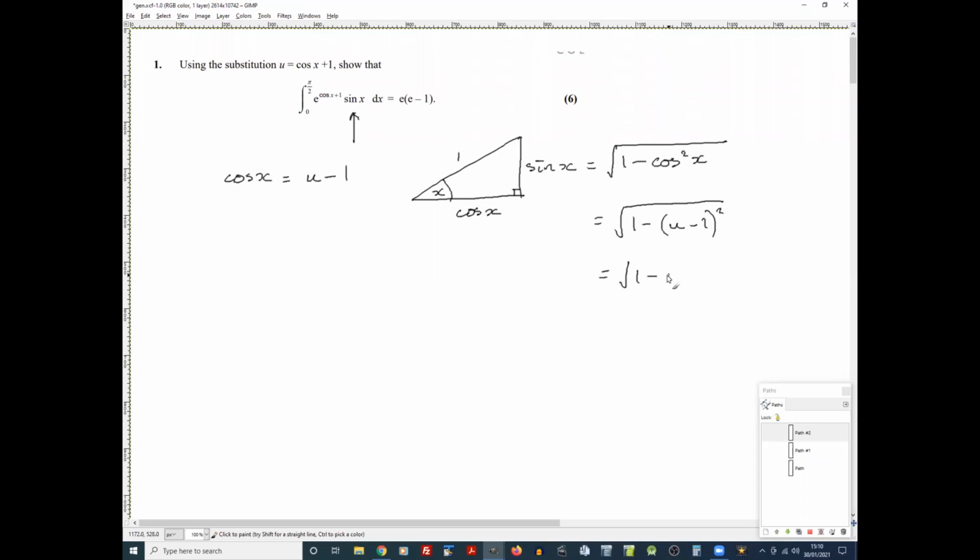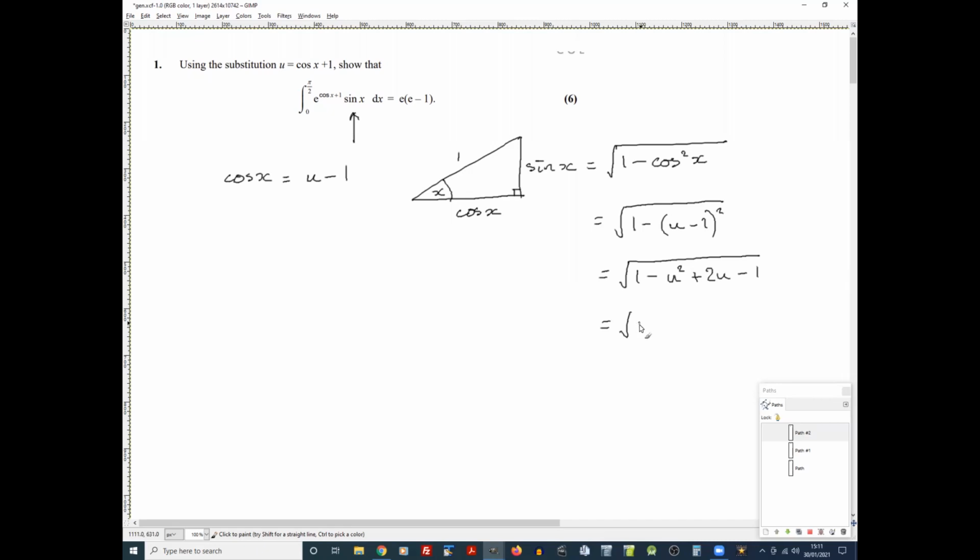We've got 1 minus u squared minus 2u plus 1. Careful though, if we're removing the brackets, we want to cancel the minus 2u, don't we? We're taking away minus 2u. Oh, so it's plus 2u, and then take away 1. Which simplifies to u squared plus 2u?